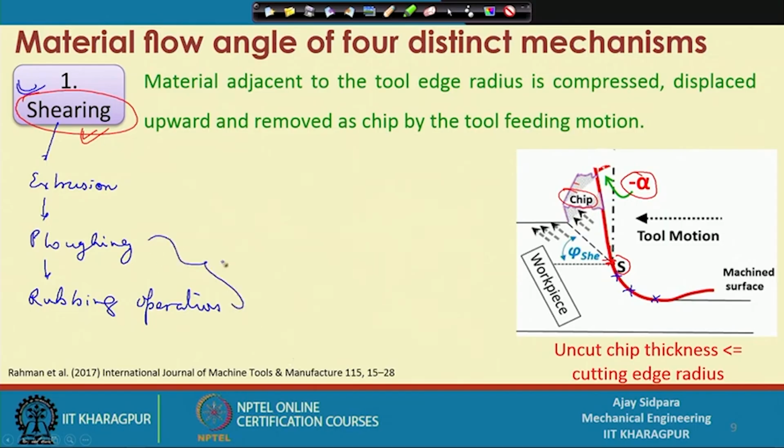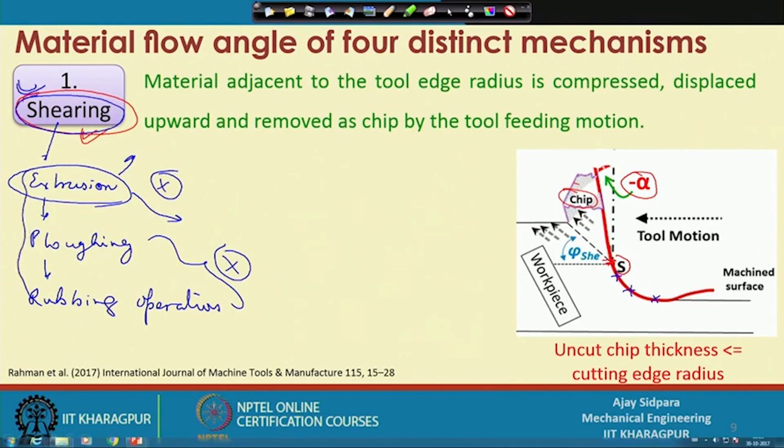These 2 things should be completely avoided, and in this particular extrusion case also you may get a small amount of chips and some of the material will be extruded through the workpiece. So, this should also be avoided. So, our objective is to do machining in a shearing form or shearing mechanism, but not through extrusion, ploughing or the rubbing operation.